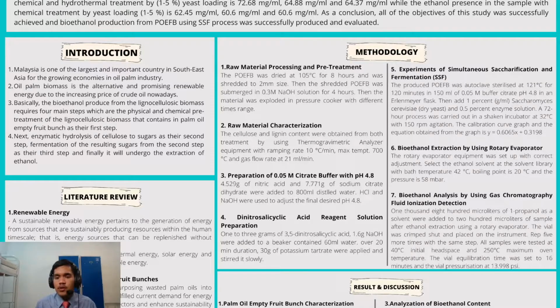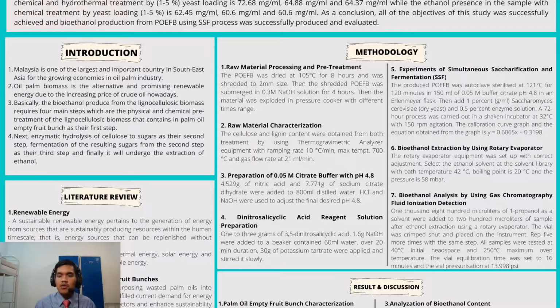Fifthly, we proceed to the experiment of the simultaneous saccharification and fermentation process. The produced POFB was autoclaved and sterilized at 121 degrees Celsius for 120 minutes in 150 ml of 0.05 molar citrate buffer, pH 4.8, in an aluminium flask. Then add 1% gram per ml Saccharomyces cerevisiae, which is dry yeast, and 0.5% enzyme solution.